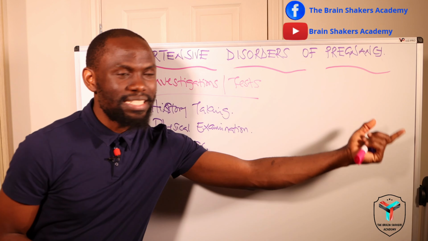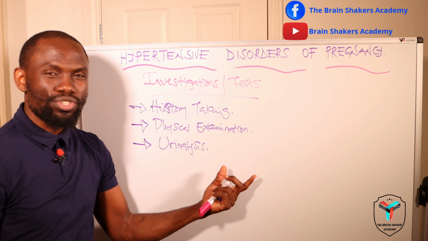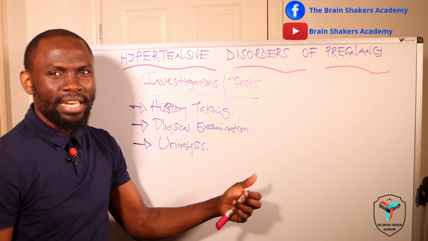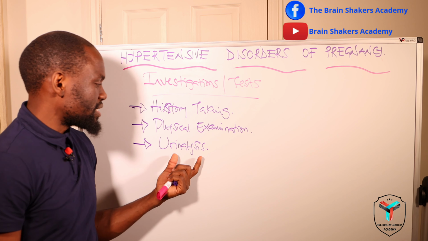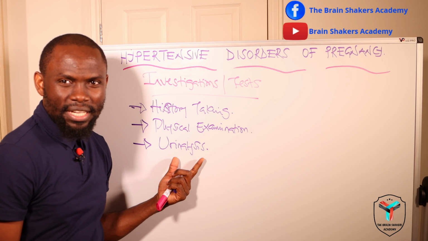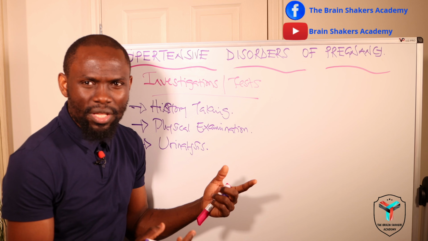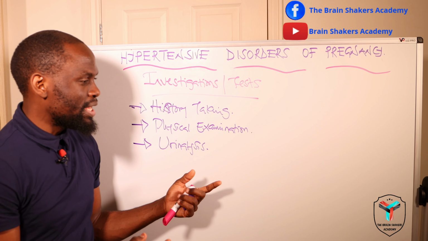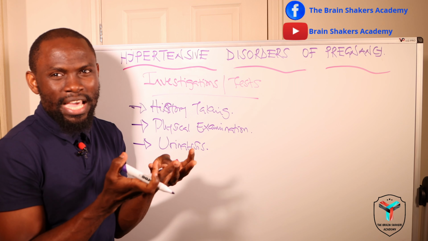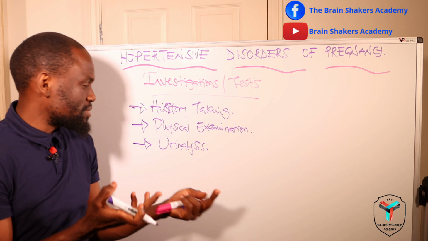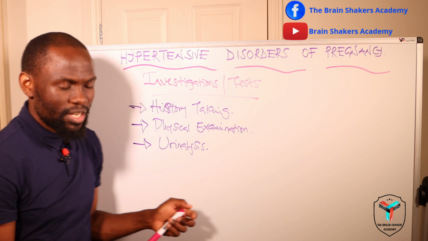Then you can later send a sample for further analysis, where you can check for the ratios between protein and creatinine, and especially the albumin and creatinine ratios as well, that can be ascertained when you do further tests of urinalysis. So urinalysis, very important. It will tell you the presence of proteins in urine. It means that those larger proteins that in the normal and actual sense are not supposed to pass through the Bowman's capsule now are passing through, and then you end up seeing them in urine.